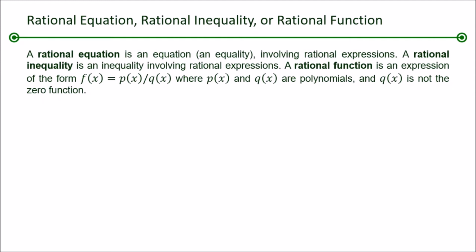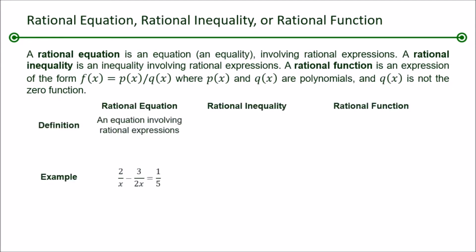Let's try to distinguish and illustrate the definitions among the three. As mentioned, a rational equation is an equation involving rational expressions. Example, 2 over x minus 3 over 2x equals 1 over 5. A rational inequality is an inequality involving rational expressions.